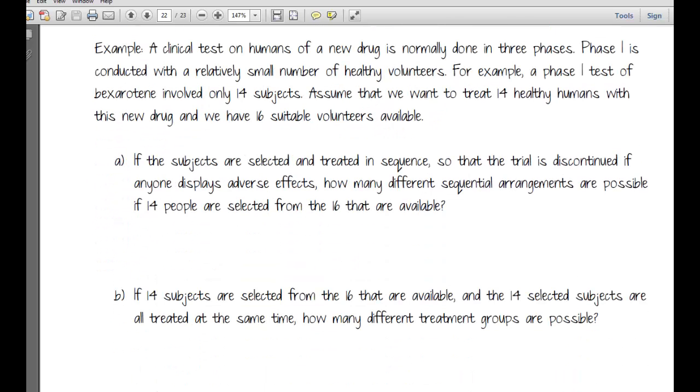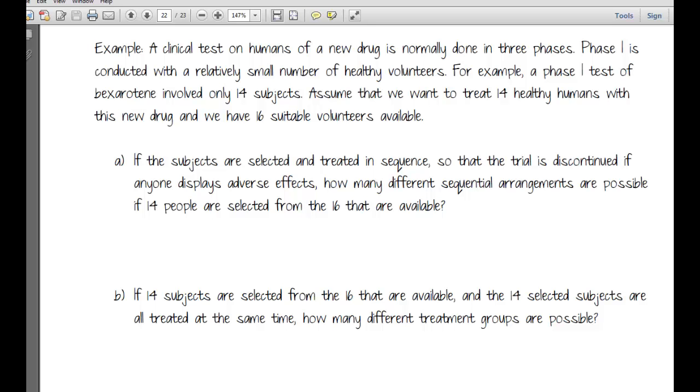A clinical test on humans of a new drug is normally done in 3 phases. Phase 1 is conducted with a relatively small number of healthy volunteers. For example, a phase 1 test of bexarotene, I have no idea what that is, involved only 14 subjects. Assume that we want to treat 14 healthy humans with this new drug, and we have 16 suitable volunteers available.